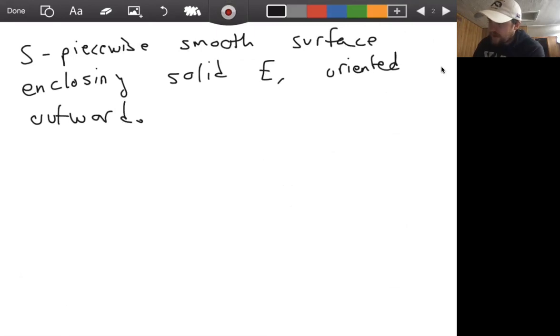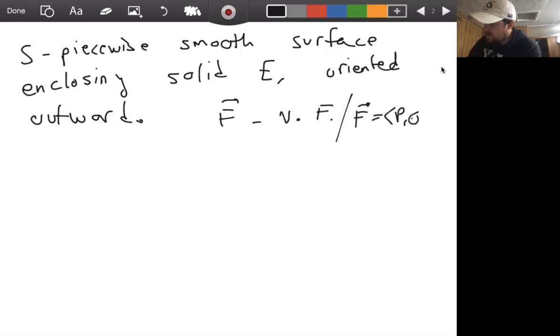And then we also have F to be some vector field. We can say F equals P, Q, R here, right?